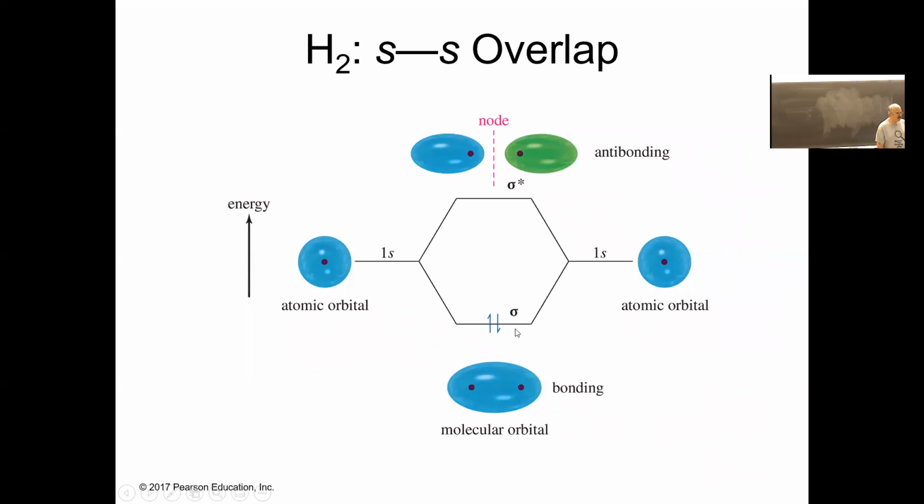And just like with atomic orbitals, molecular orbitals can hold a maximum of 2 electrons. If we had something like a hydrogen molecule anion, okay, H2 minus, okay, that third electron would have to go up here in the anti-bonding orbital. Okay, these overlap directly, and so this is a sigma overlap.